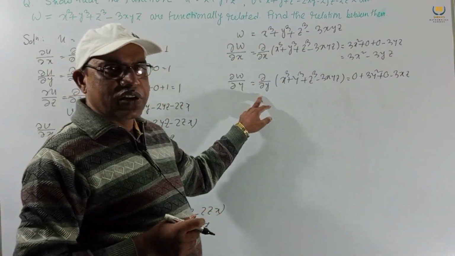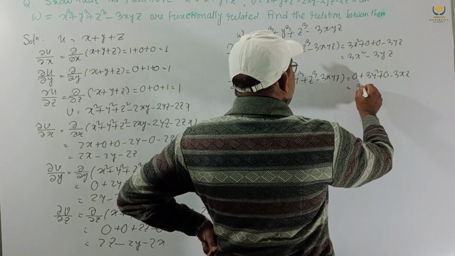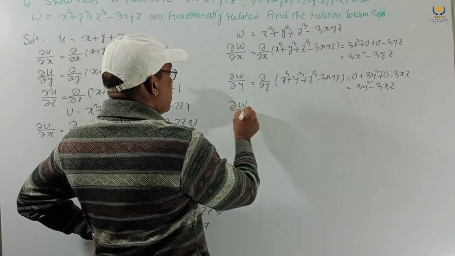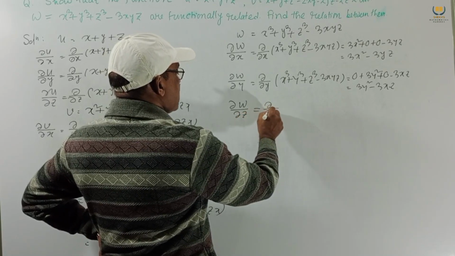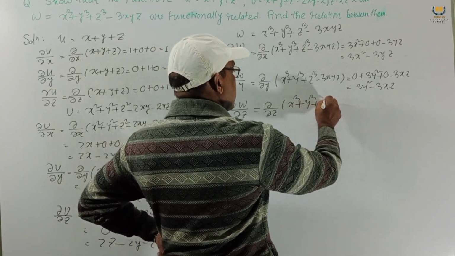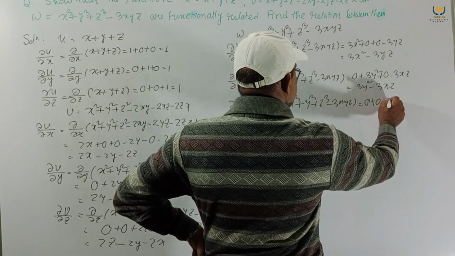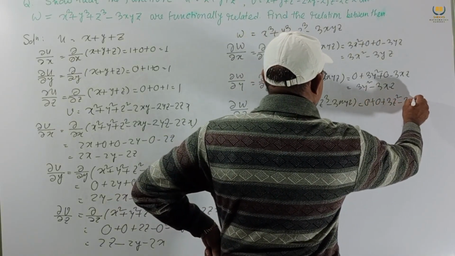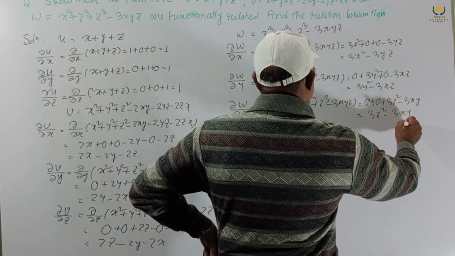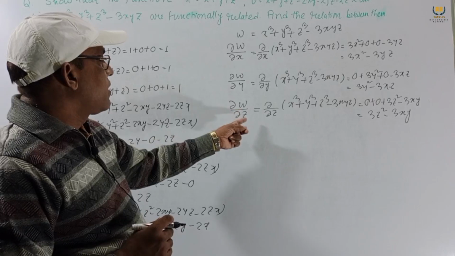We differentiate partially with respect to y, x and z constant, so that will be 0, and this is 3y square minus 3xz. Del w del z is 0 plus 3z square minus 3xy, so this is 3z square minus 3xy. These are the values of del w del x, del w del y, del w del z.